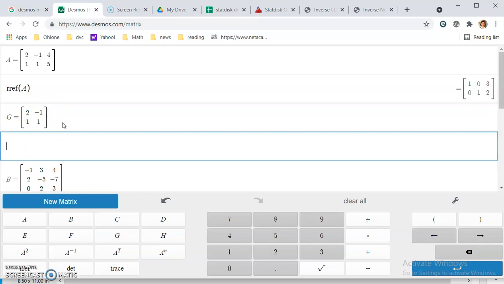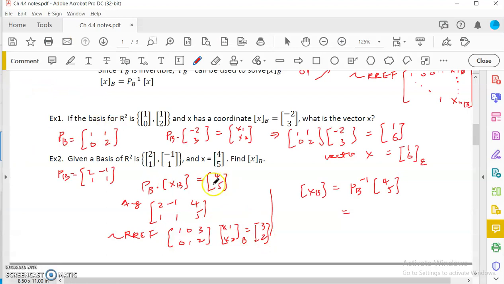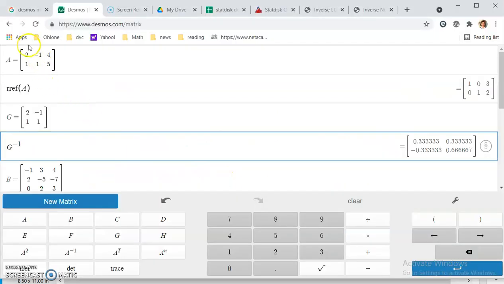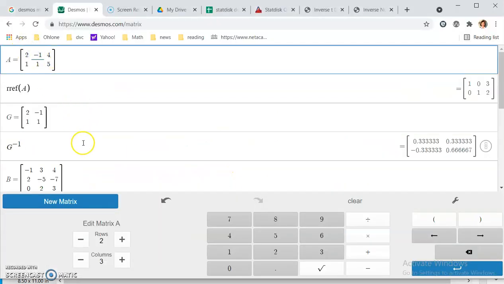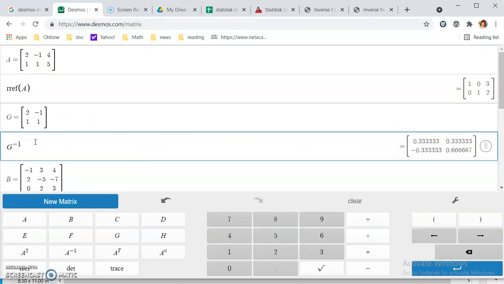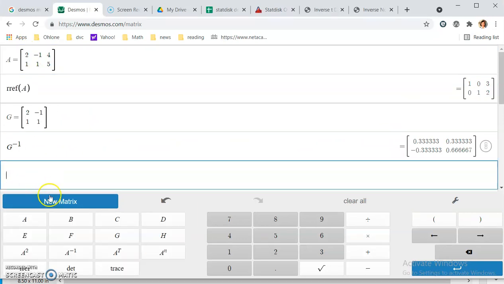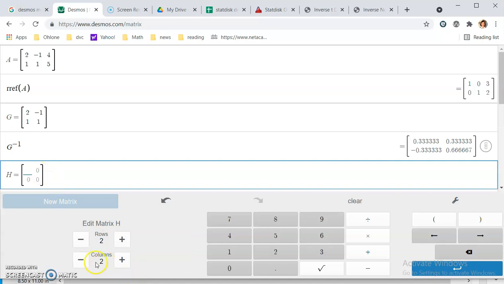Then why don't we also make 4, 5 a matrix H, and I'll use one column, 4, 5.